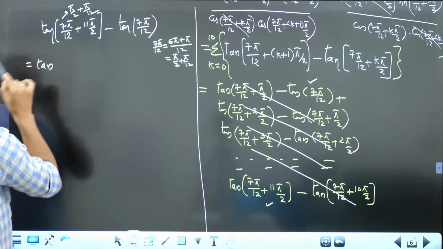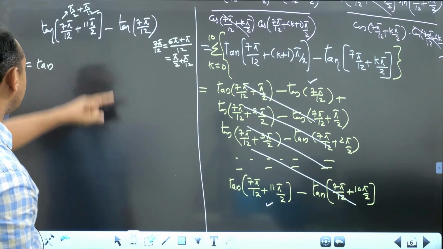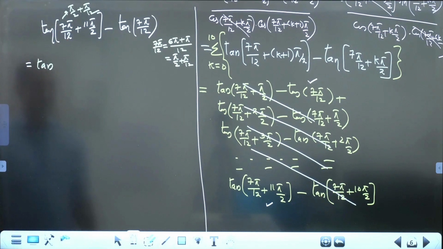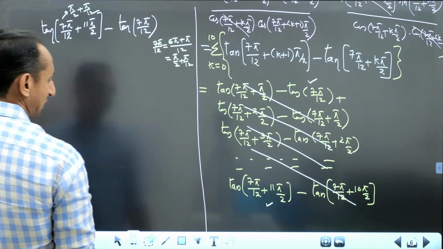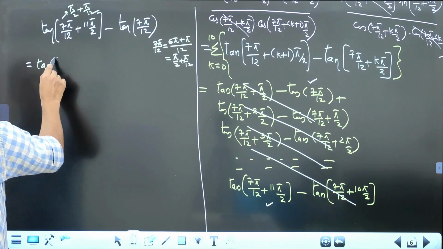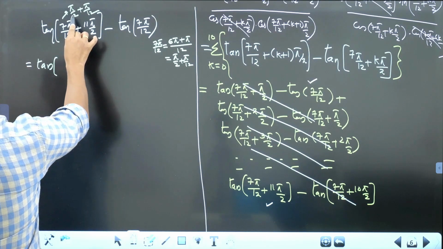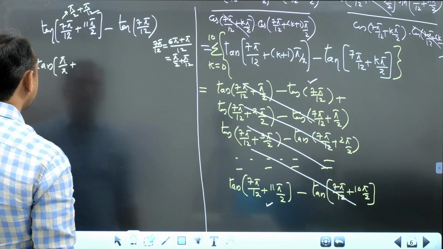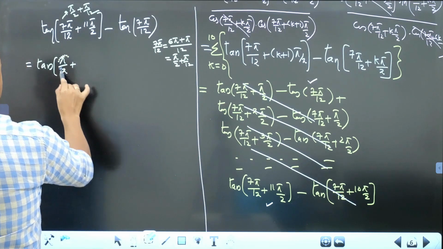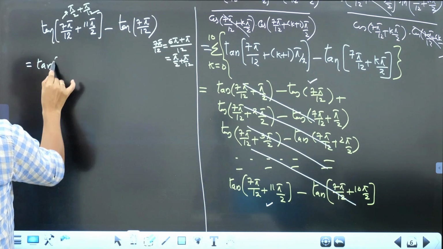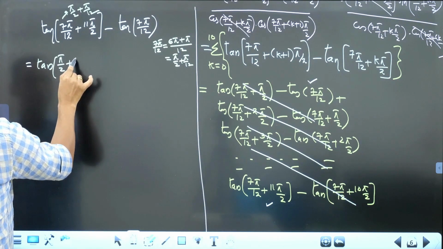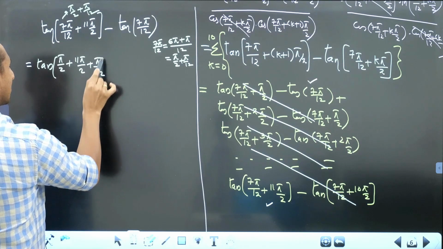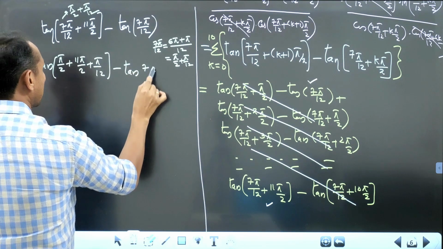Tan of (π/2 + π/12 + 11π/2) minus tan 7π/12.